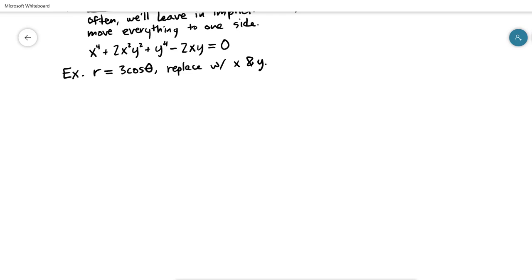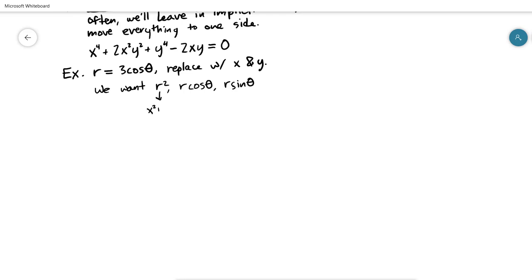Again, r by itself is okay, but I really would love to find r squared. Cosine of theta isn't great by itself. I'd really rather have r cosine of theta. And similarly, if sine shows up anywhere, I'd really rather have r sine of theta. I'd rather have the r's in front of it, because these 3 terms are easy to convert.